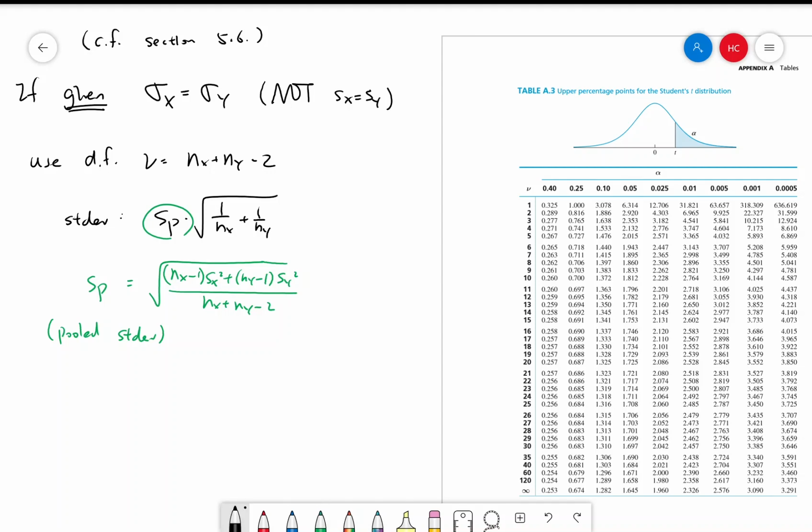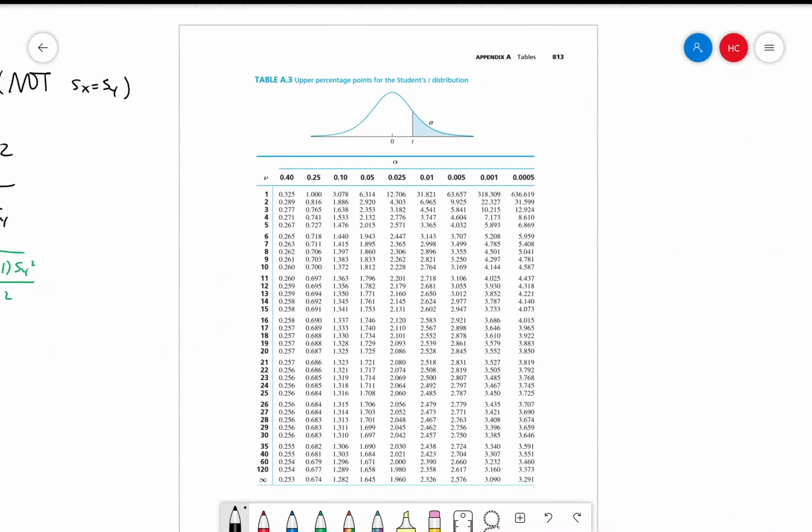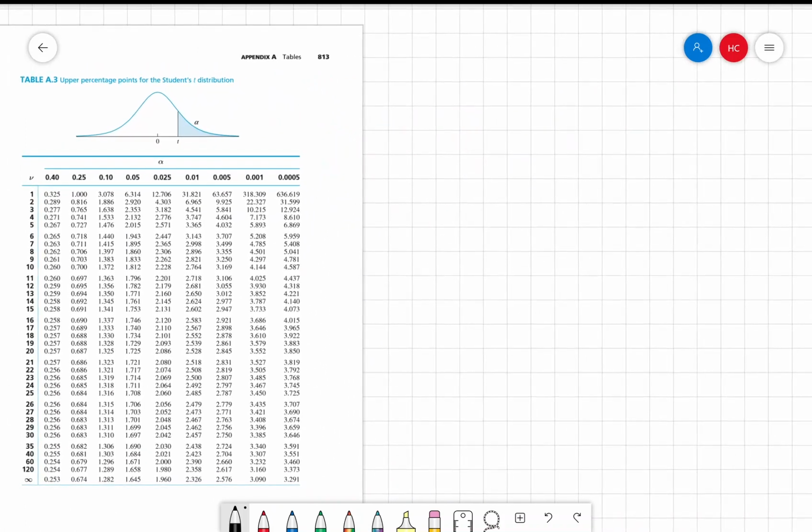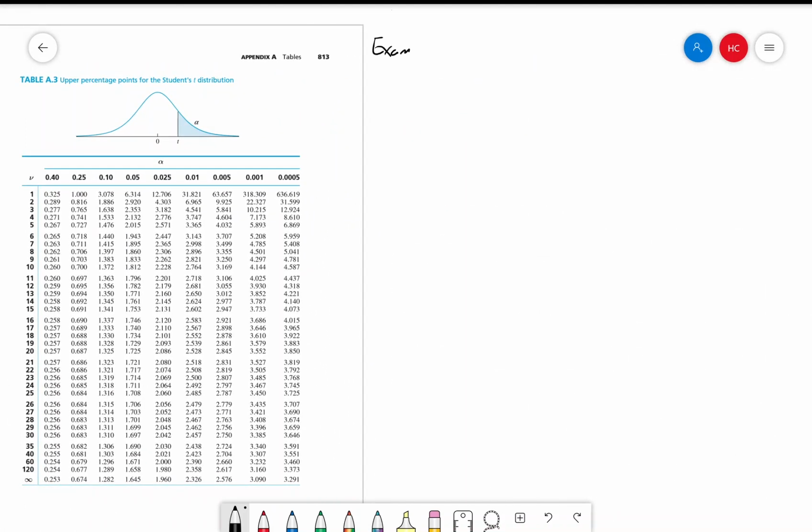Alright, so let's do an example with this special case. So, same thing, assume x and y are normally distributed and independent, and they have the same population standard deviation.